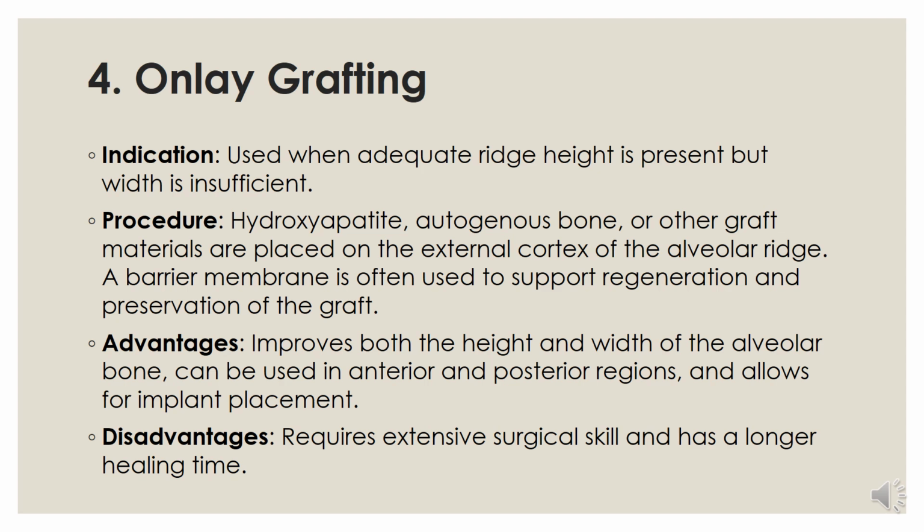Advantages include that it improves both the height and width of the alveolar bone, it can be used in anterior and posterior regions, and it allows for implant placement. Disadvantages include that it requires extensive surgical skill and it has a longer healing time.